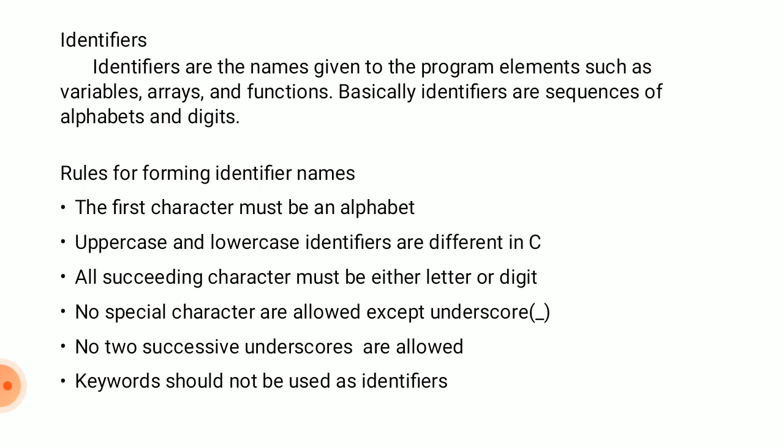To identify the data type, here we are using an identifier, meaning what type of data it is, either an integer type of data, a floating point type of data, or a character type of data. About variables, arrays and functions we will discuss later. So these are nothing but identifiers. Basically, identifiers are sequences of alphabets and digits.